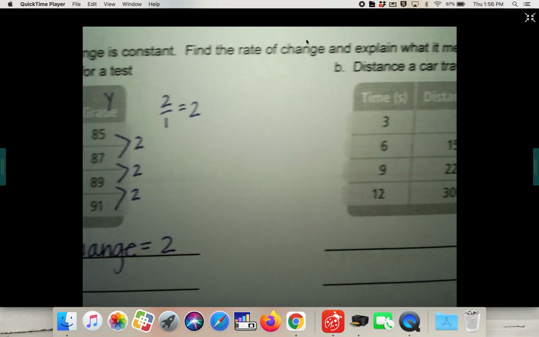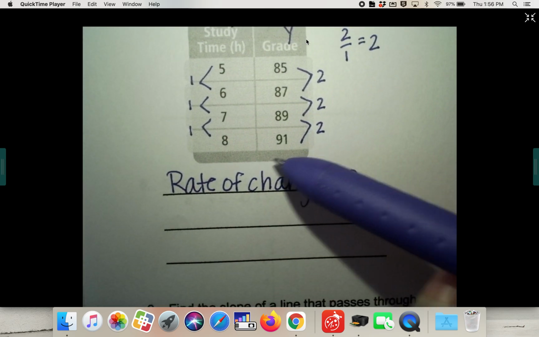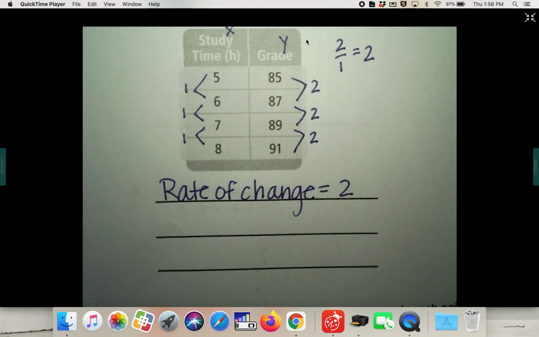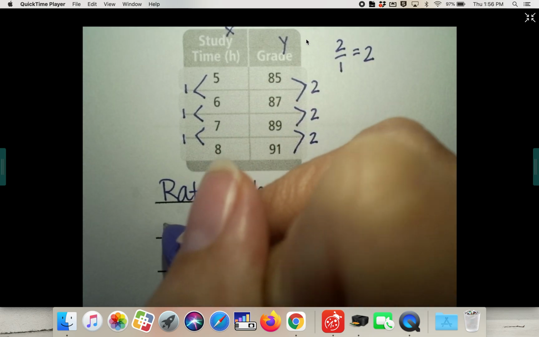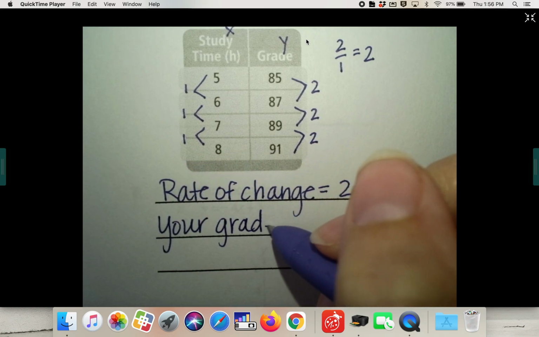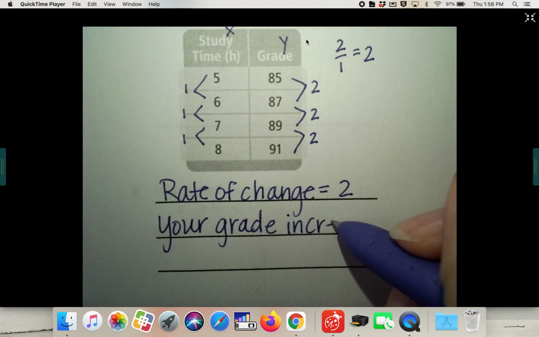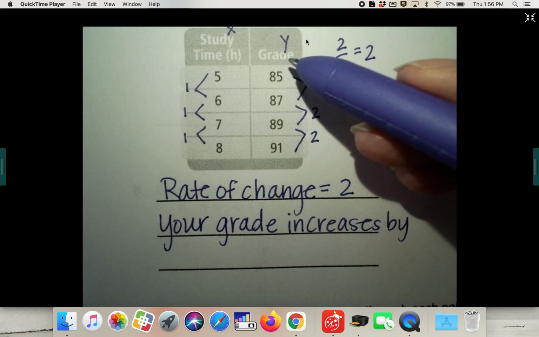And then it says explain what it means. So what this means as far as this scenario goes is it means your grade increases by 2. I'm assuming this is percent.